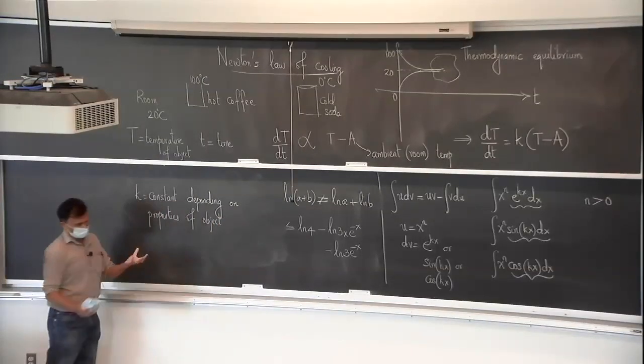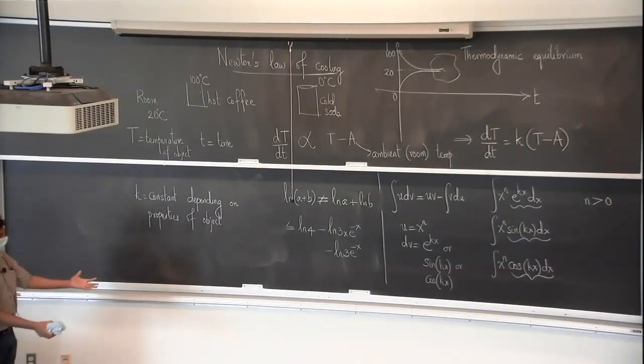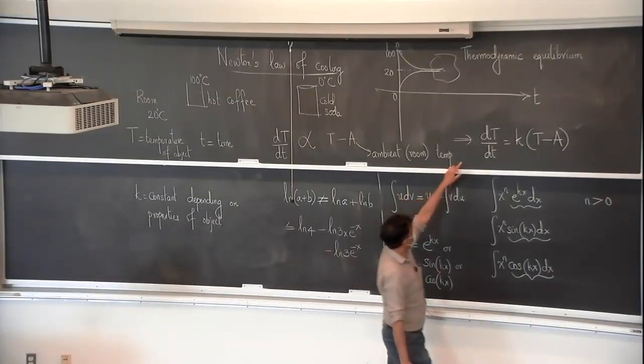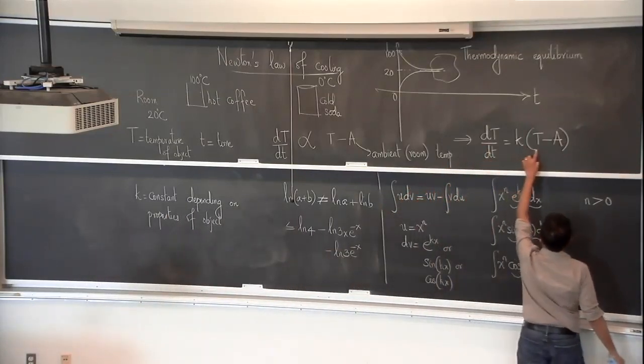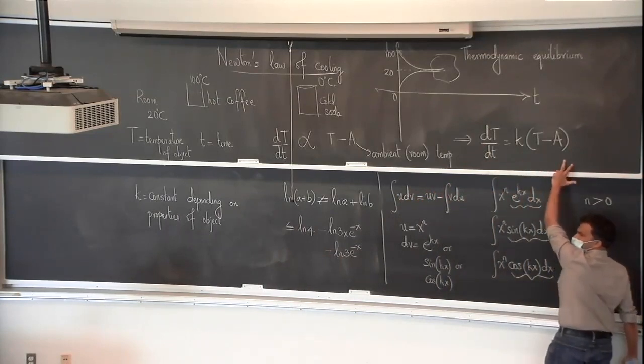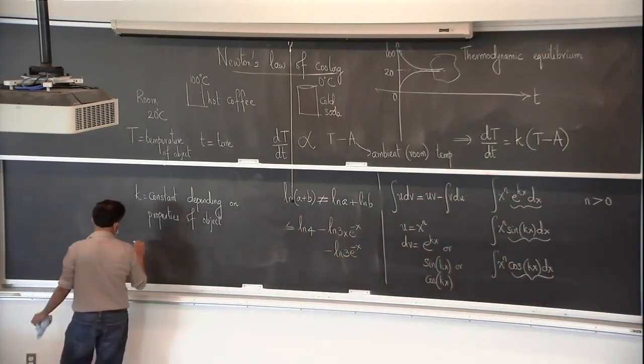It depends on what kind of cup is holding the coffee or what kind of liquid you have in there. So there are a lot of things that affect that constant k, and it has some units. This is the rate of change of temperature with time, and this is temperature, and the units have to match on both sides. So we have to be careful about what this k actually represents here.